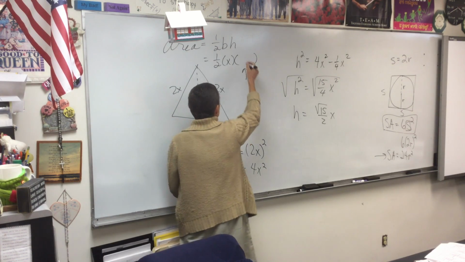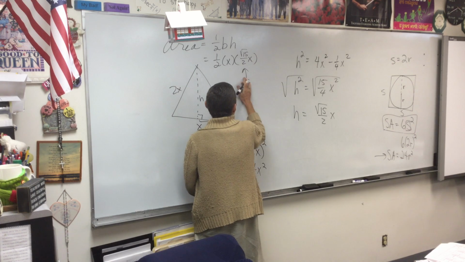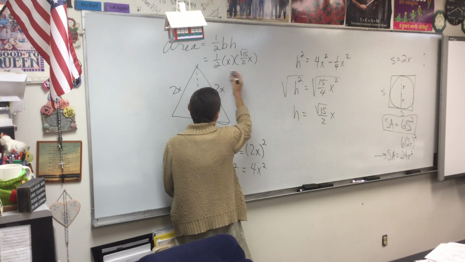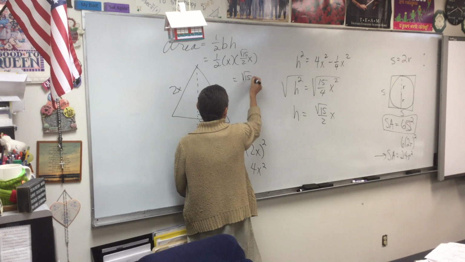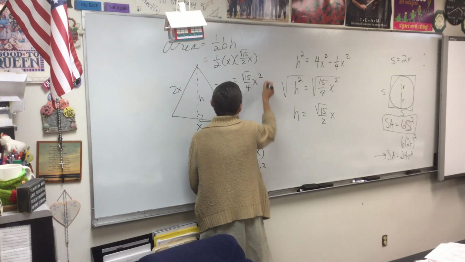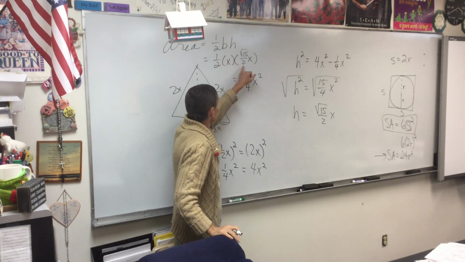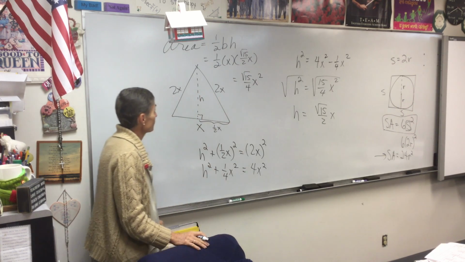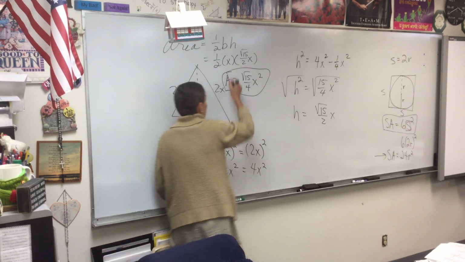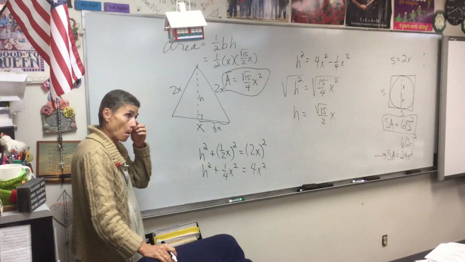And that's my h. So my answer ends up being, I'm multiplying these together, so root 15 over 4 x squared. Multiply top times top, bottom times bottom. That's how we multiply fractions. And that is the formula for the area of this triangle.